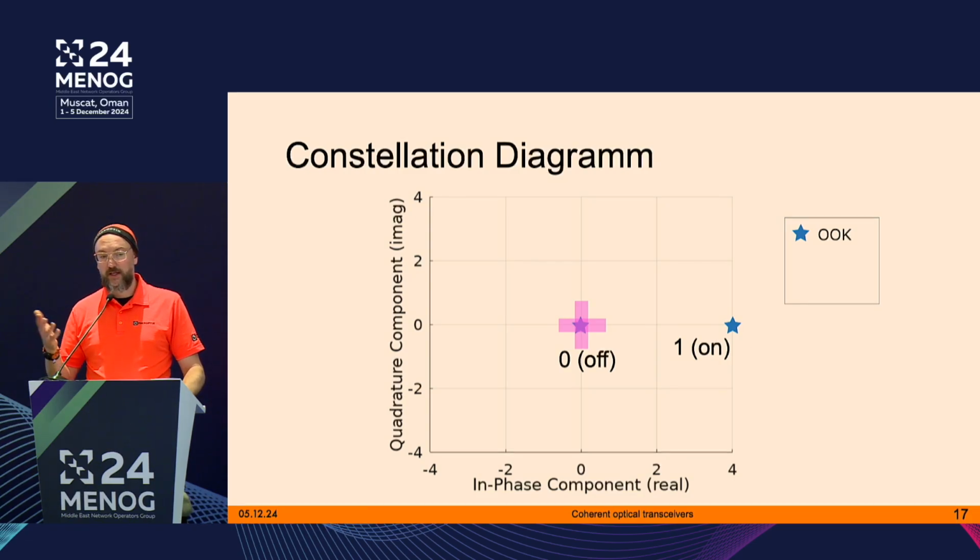Looking at a direct detection signal like an on-off keying mechanism, 0, 1, on-off keying, it would look like this. In the middle is our center, and the 0 is in the center, and the 1 is on the right middle plane. All in phase, because we are on the 0 part. As you can see, the quadrature component, we are on the 0 part.